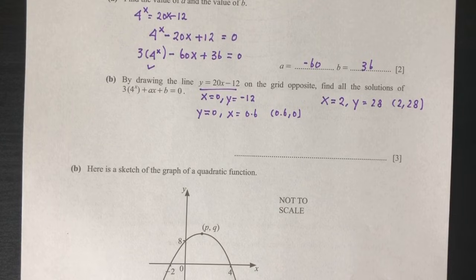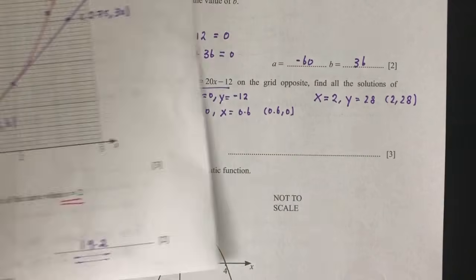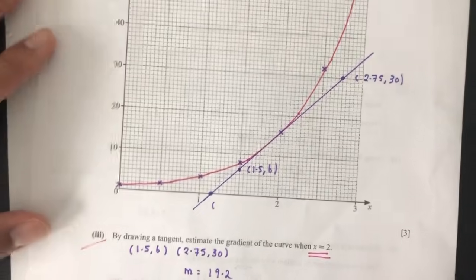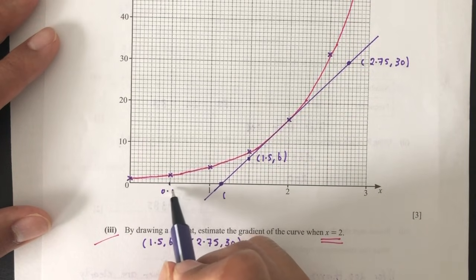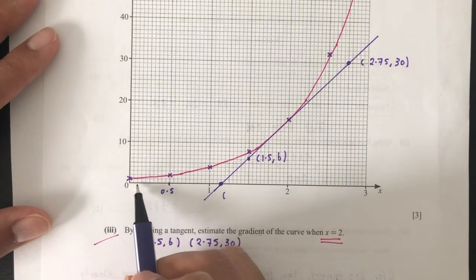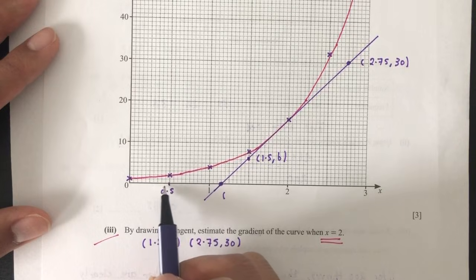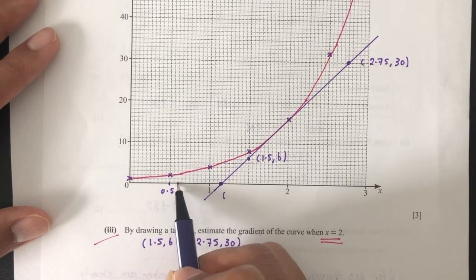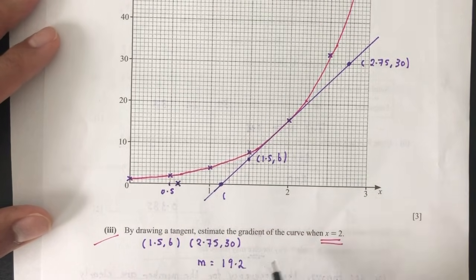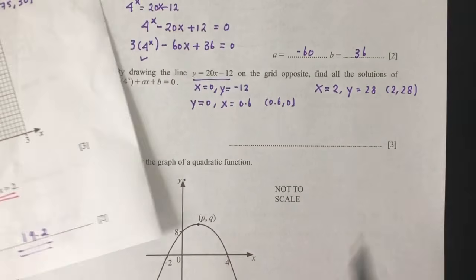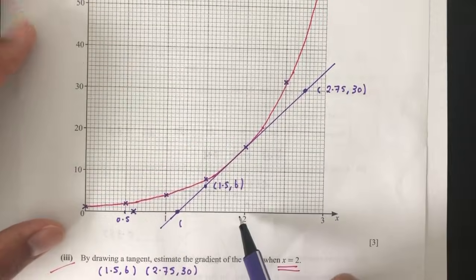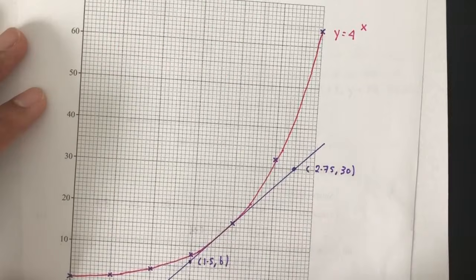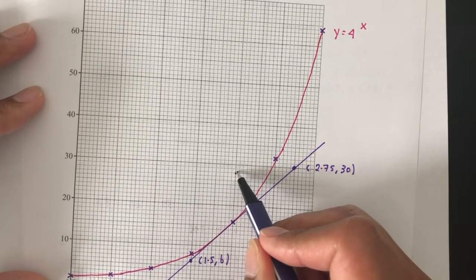So the first point is 0.6, 0. This is 0.5, this is 1, 2, 3, 4, 5. 0.6 will be here. That will be your first point. And then the other point will be 2, 28. So 2 is here, and 28 will be right here.